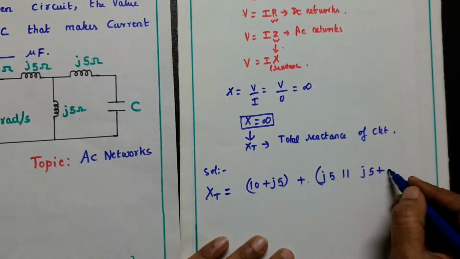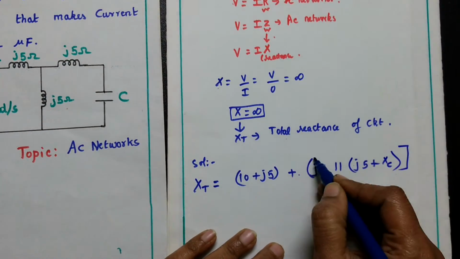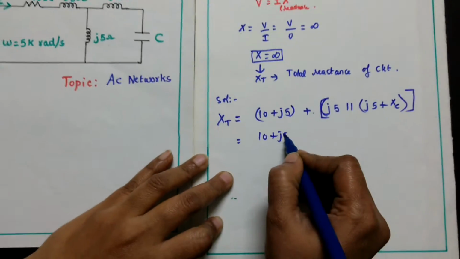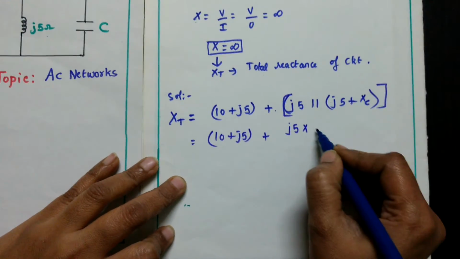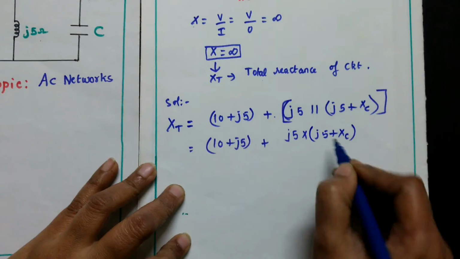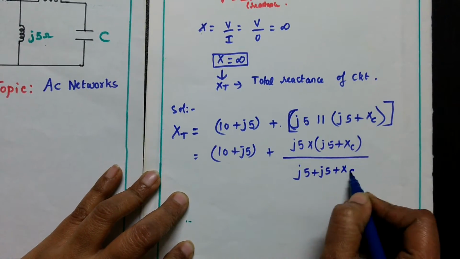So capacitive reactance is, we know, Xc. Ten plus j5 plus, for the parallel condition, j5 into j5 plus Xc by j5 plus j5 plus Xc.